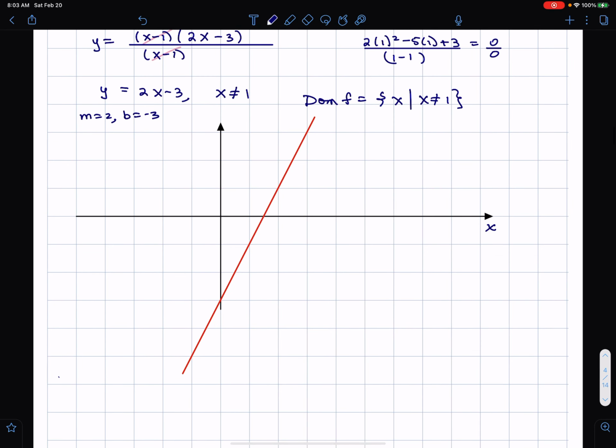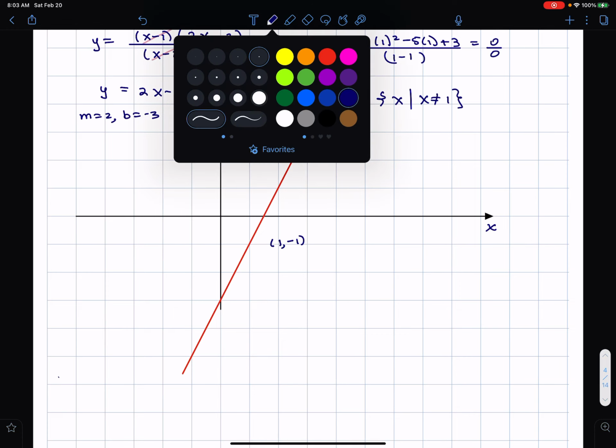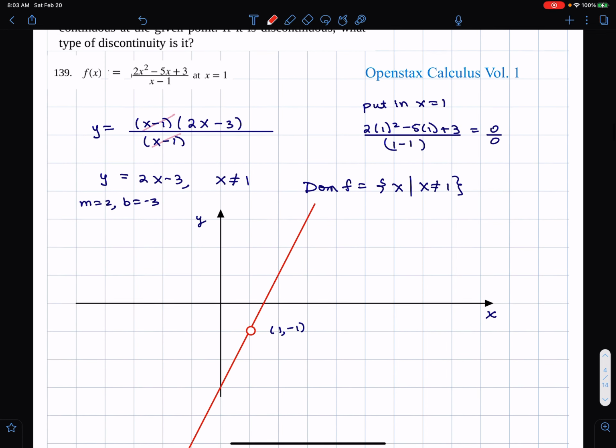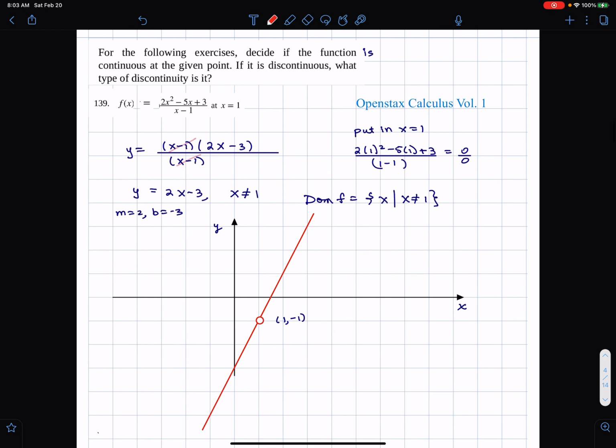But at 1, there's a hole in the graph. This seems to be (1, negative 1). I'm going to put the hole there because the function is undefined there. And that tells me, what did it ask? It's discontinuous at 1, and that is a removable discontinuity.